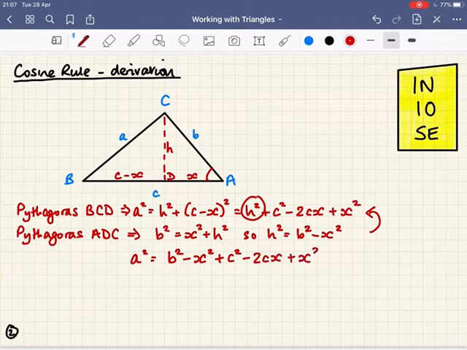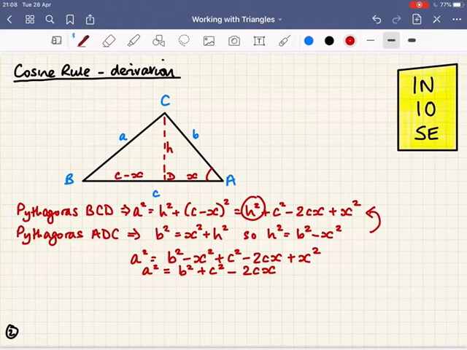And you can see that there's a minus x squared and a plus x squared, so those are going to disappear. So I've now got a squared equals b squared plus c squared minus 2cx. Not that helpful, again, because I don't know the value of x, whereas normally I'd expect to know the values of a, b, and c if I was working on a problem.